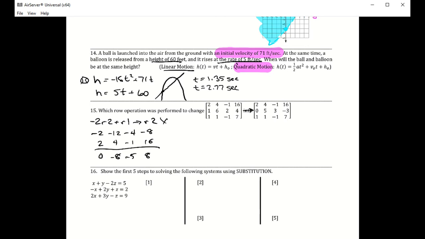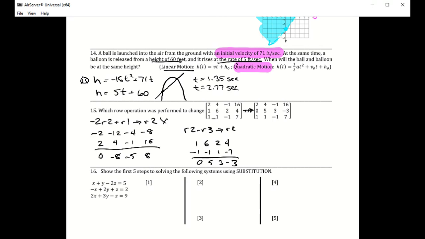Our other option, therefore, is to use row 3. And so we would have to multiply row 3 by negative 1. So we're going to go row 2 minus row 3 into row 2. And that's going to be 1, 6, 2, 4, negative 1, negative 1, 1, negative 7, 0, 5, 3, negative 3.